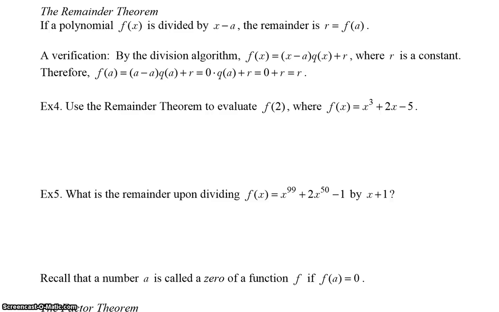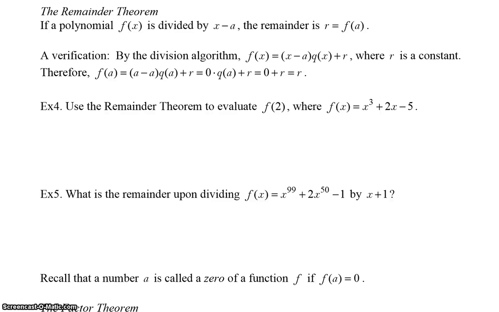Example 4 says use the remainder theorem to evaluate f of 2, where f of x equals x cubed plus 2x minus 5. Now, we could obviously just substitute 2 in for x and evaluate f of 2 very easily without using the remainder theorem.